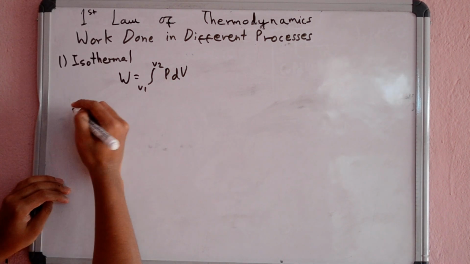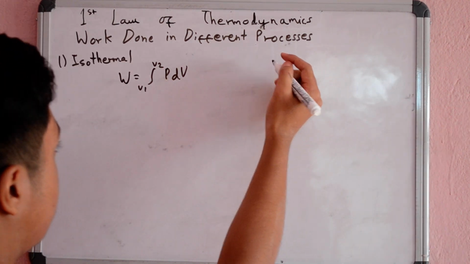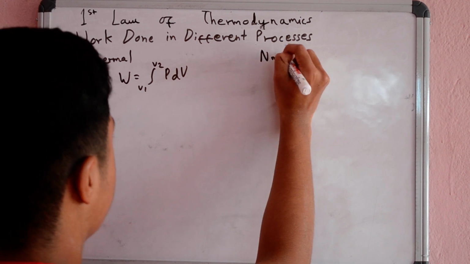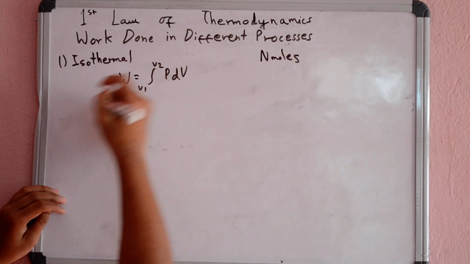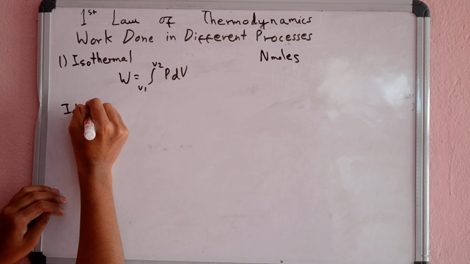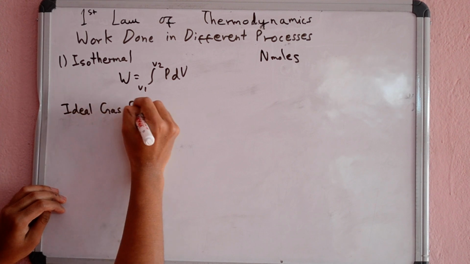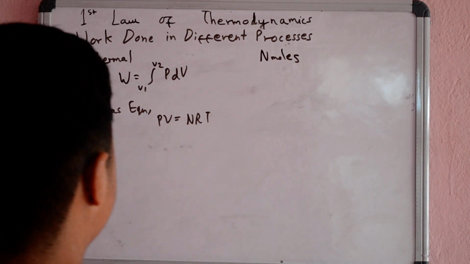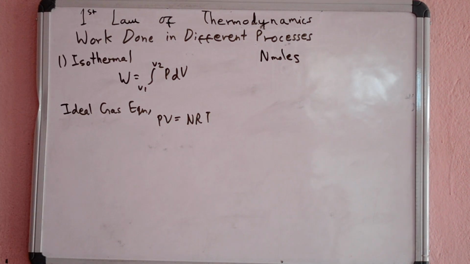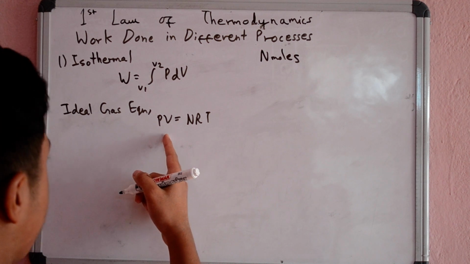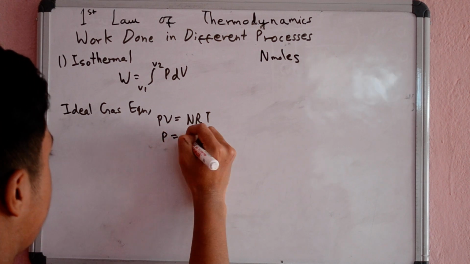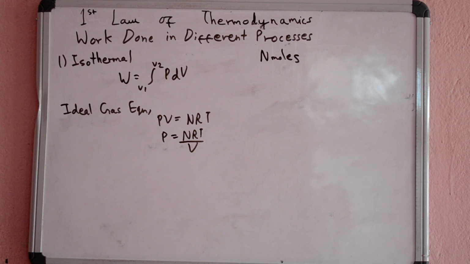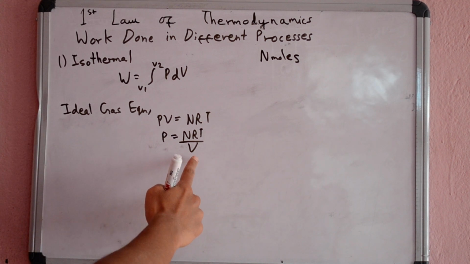Let's take n moles of substance. Then from the ideal gas equation, PV equals nRT. That means that pressure is equal to nRT by V. So let's use that.